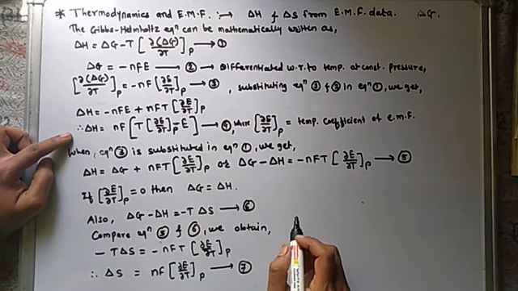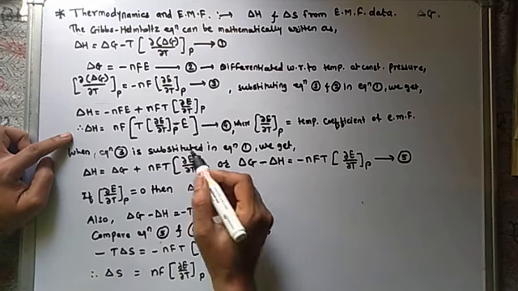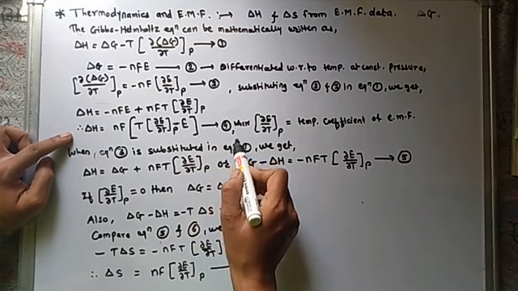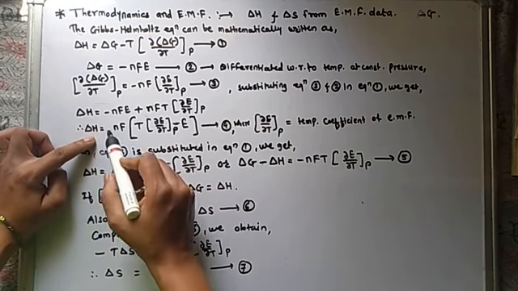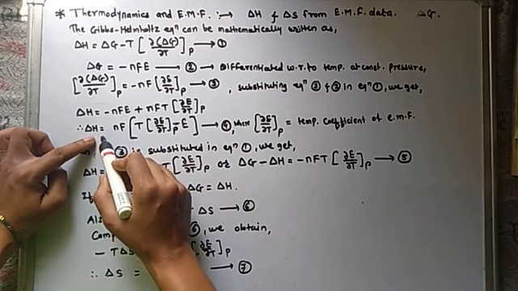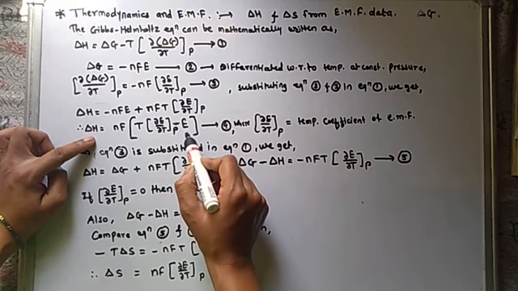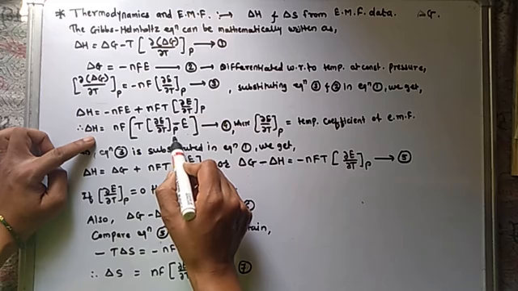So with the help of equation number 4, we can calculate the heat of reaction, that is delta H, after knowing the EMF of the cell and the temperature coefficient of the EMF of the reaction, that is ∂E/∂T at constant pressure.